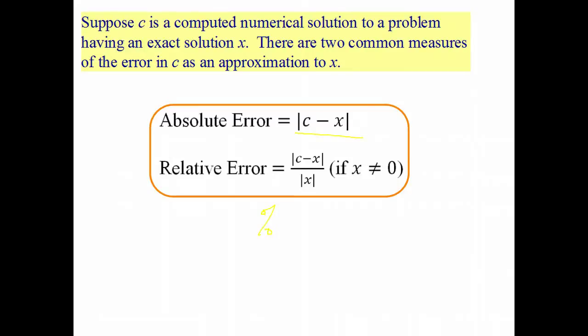So let's look at an example. Think back to the ancient Greeks, and when they would talk about pi. Now we know pi is equal to, and even this is an approximation, 3.1415926, and so on and so forth.